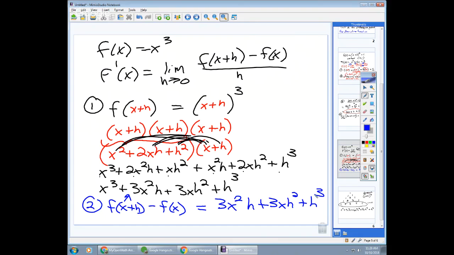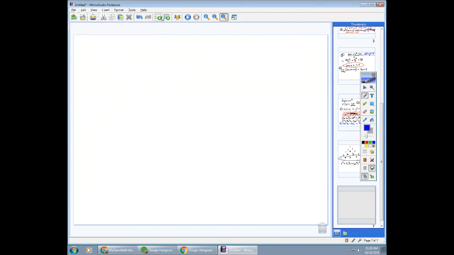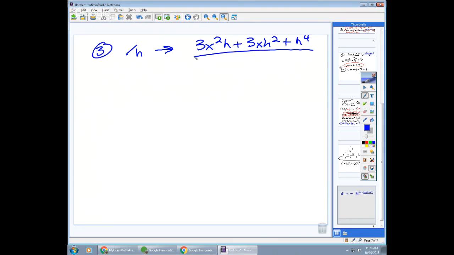Step 3, divide by h. Okay, so we can get that right. Page, I have step 3, divide by h, which is going to give me 3x squared h plus 3xh squared plus h to the fourth all over h. And you can take 2 different approaches.